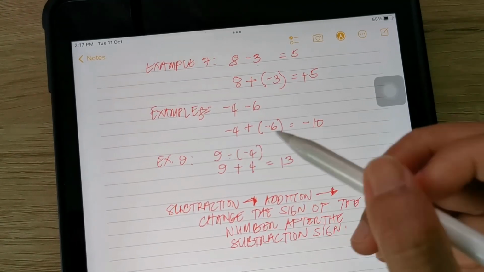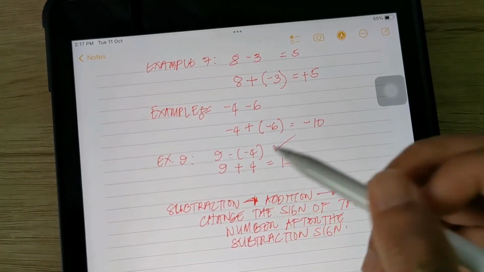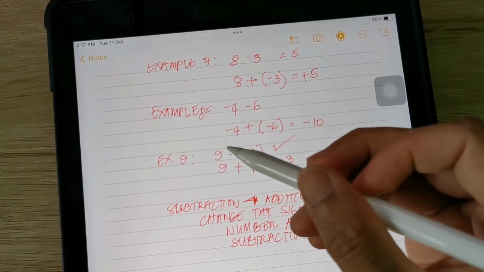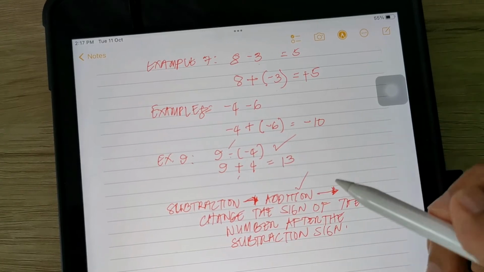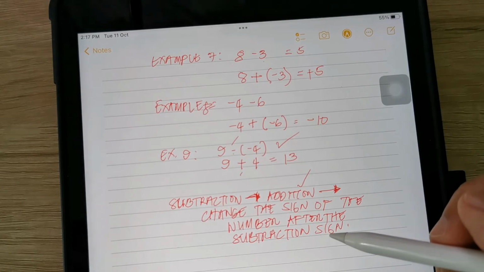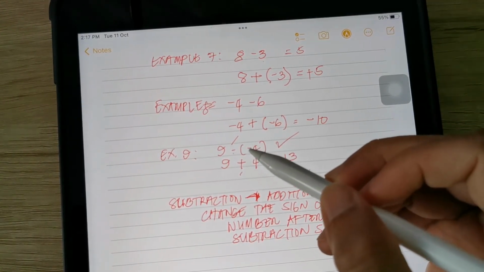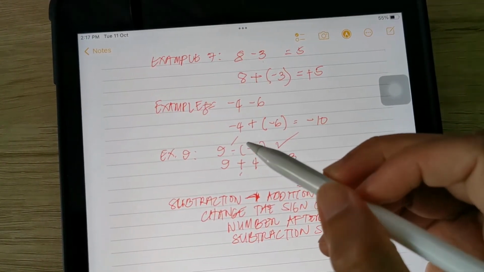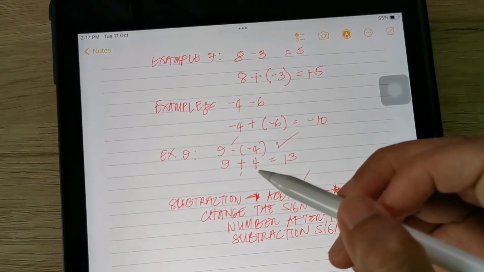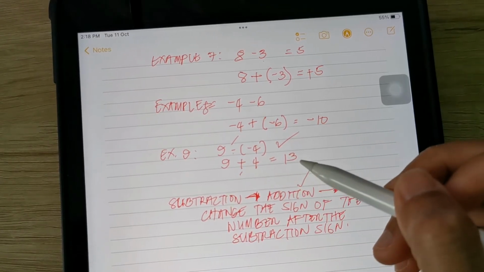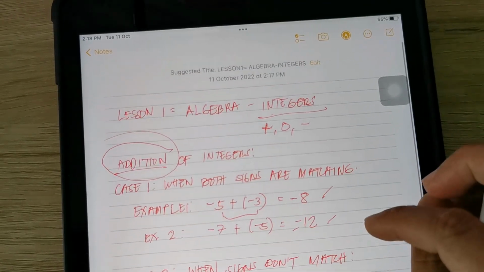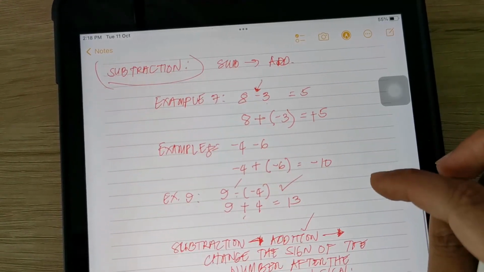So, ito. Di ba ito yung problem natin? Subtraction. Then, change to addition. Ito, from subtraction, nagiging addition na siya. Tapos, change the sign of the number after the subtraction sign. So, yung number after ng subtraction sign is ito. Since negative 4 siya, gagawin natin siyang positive 4 and then proceed to the normal process of addition which was taught at this part. Okay?